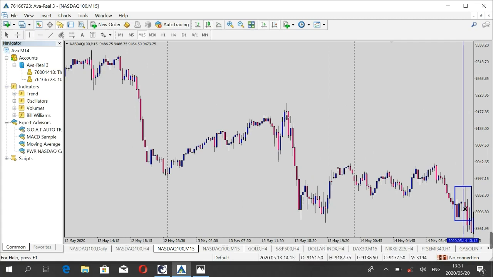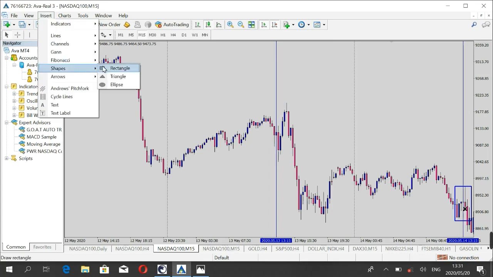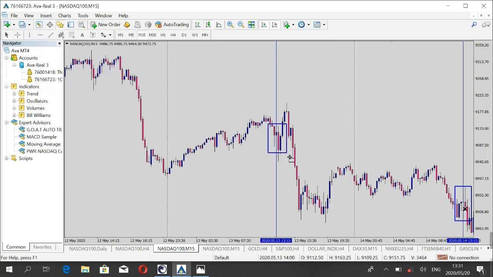Now let's take a look at another example. I hope this is now making sense. Back to the first scenario, here at 15:15 we have a bullish candlestick.